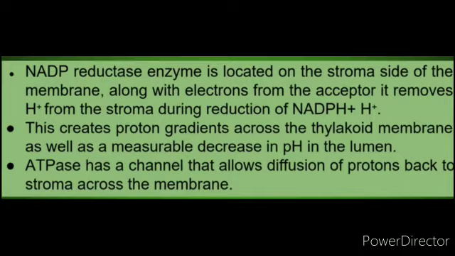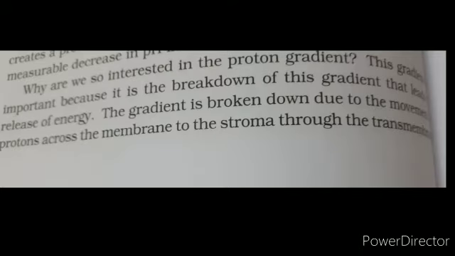These protons are also removed from the stroma. Hence, within the chloroplast, protons in the stroma decrease in number, while in the lumen there is an accumulation of protons. This creates a proton gradient across the thylakoid membrane as well as a measurable decrease in pH in the lumen. So we'll see what is proton gradient.